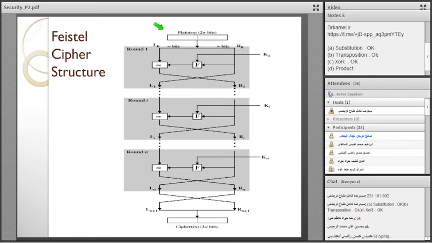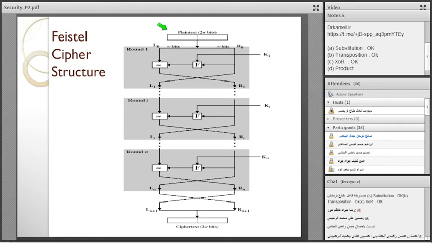We combine substitution, transposition, and XOR to make the cipher method, and the method's name is Feistel cipher. It's like a large substitution combined with other methods that you already learned.